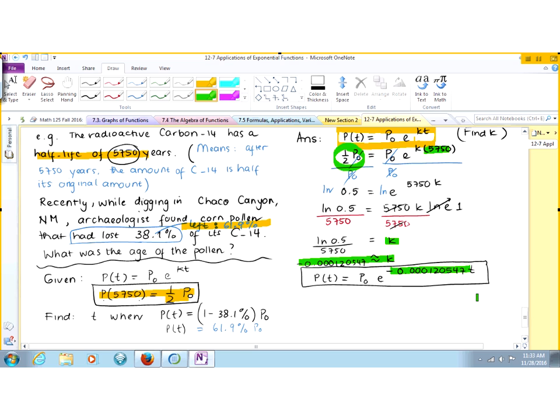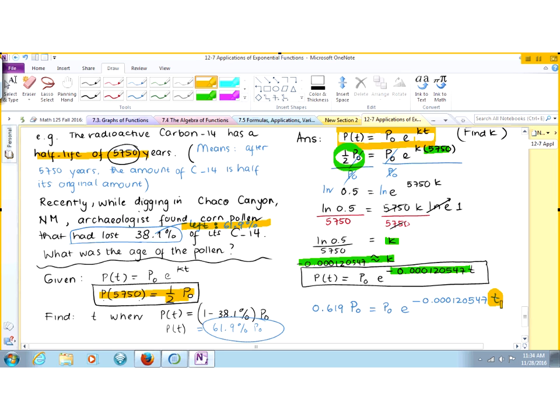Now, do I know the age of the fossil yet? No. So what are you going to do now? You already know the model. So I'm going to use this information. So what's left? 0.619 of the original amount is equal to the original amount times e to the negative 0.000120547 P. So basically, I want to find the P. The P is right here.